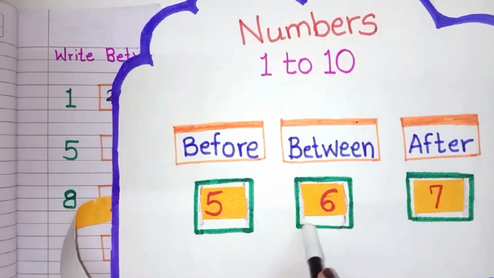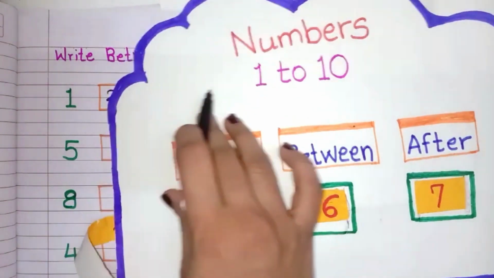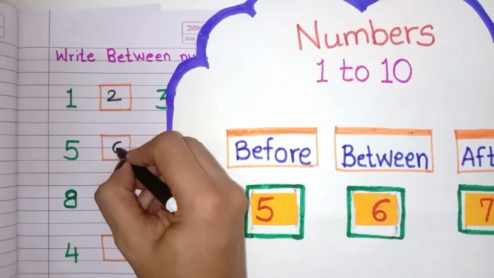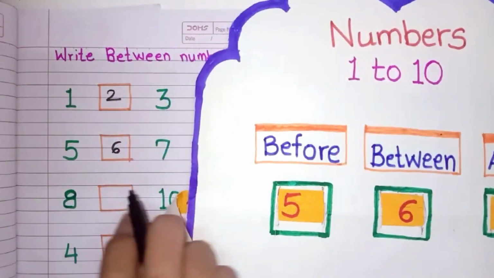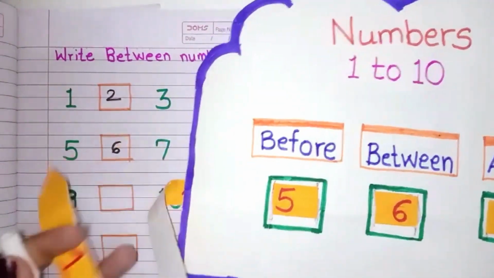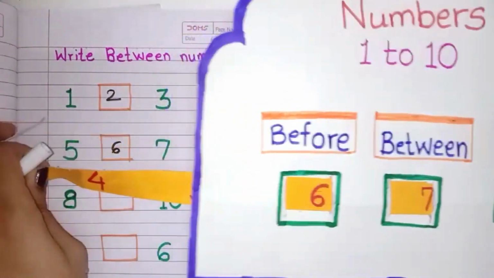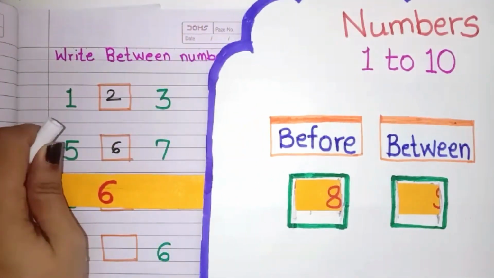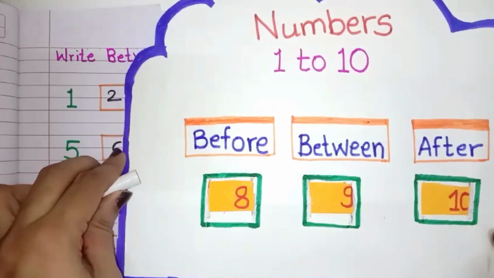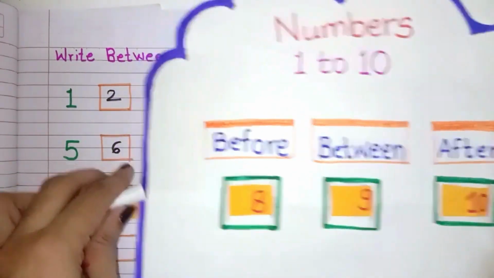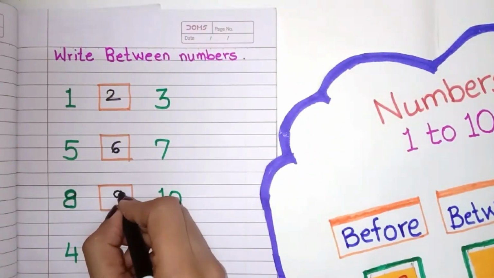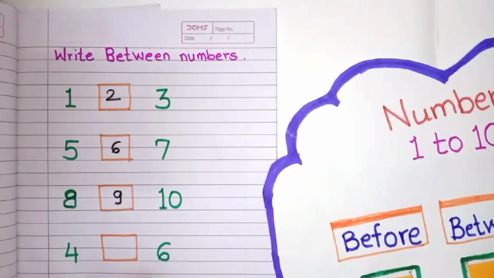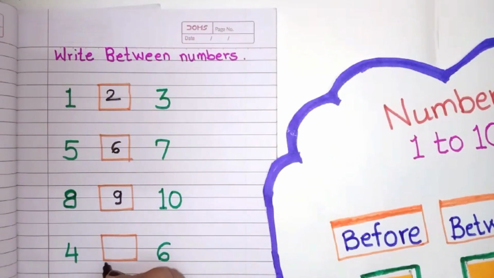Between 5 and 7 number is number 6. Which number is between 8 and 10? Between 8 and 10 number is number 9. Write down number 9 here. And the last, between 4 and 6 number is number 5.